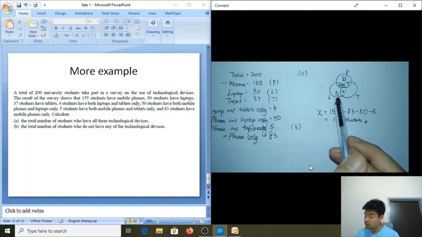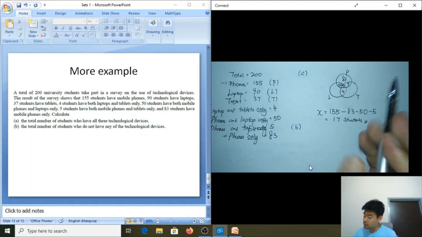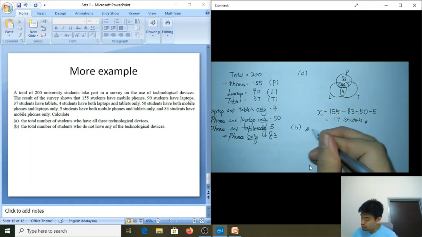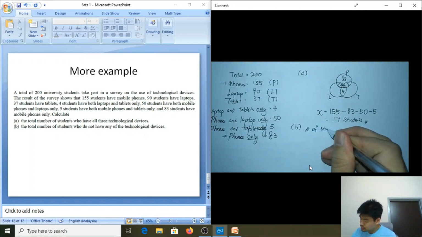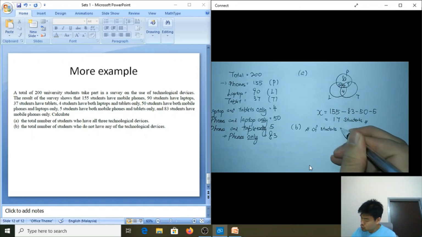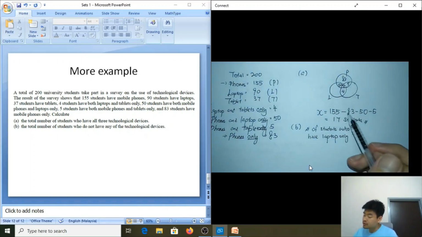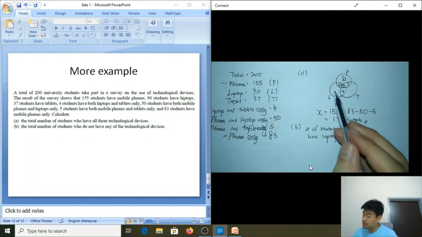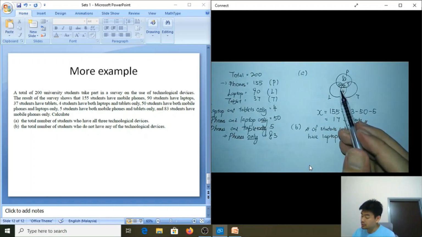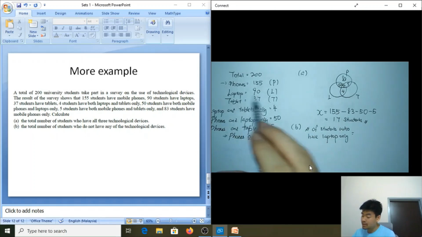So first I need to find the number of the students who have laptop only. By applying the same method from A, we can find the number here. What is the total number of the students who own laptops? 90, right?